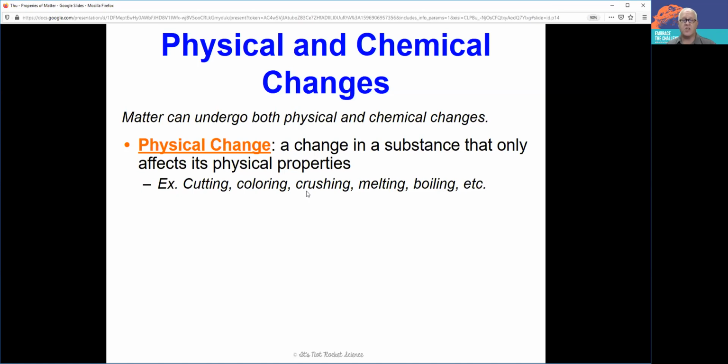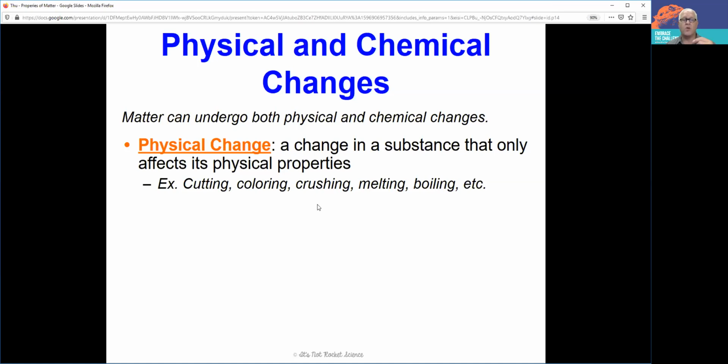I can color something. I can take a can and crush it. I can melt ice back into water, but water is still H2O. We haven't changed its chemical property, just its physical property.